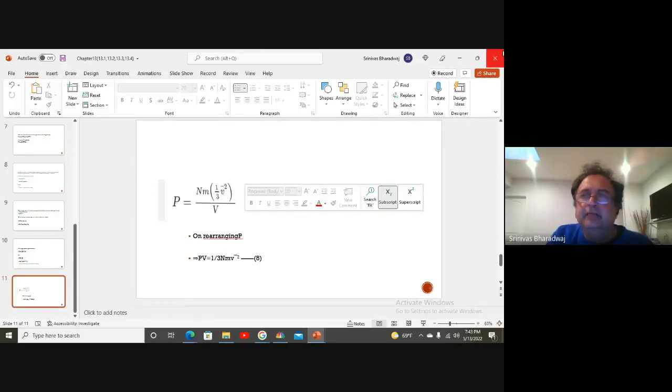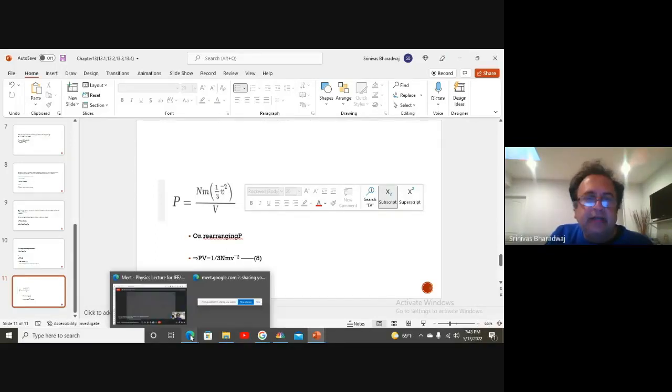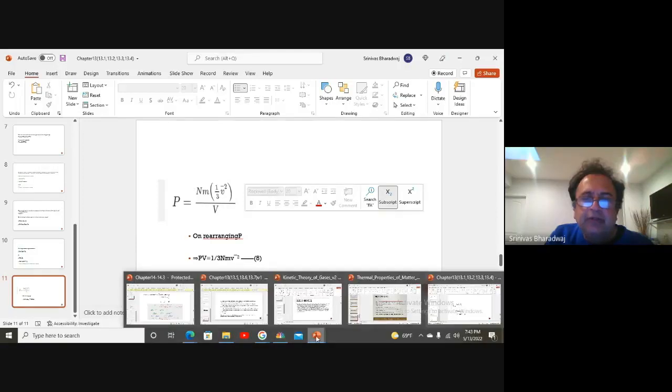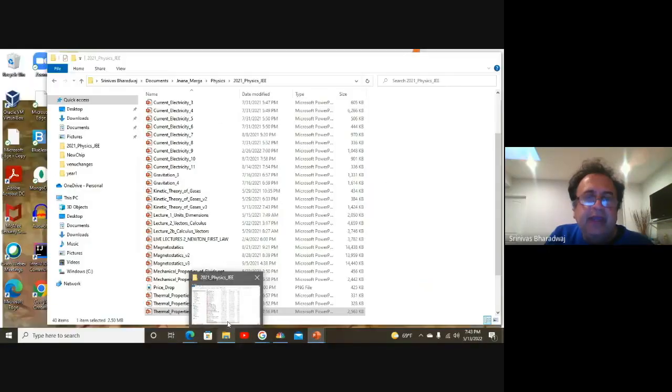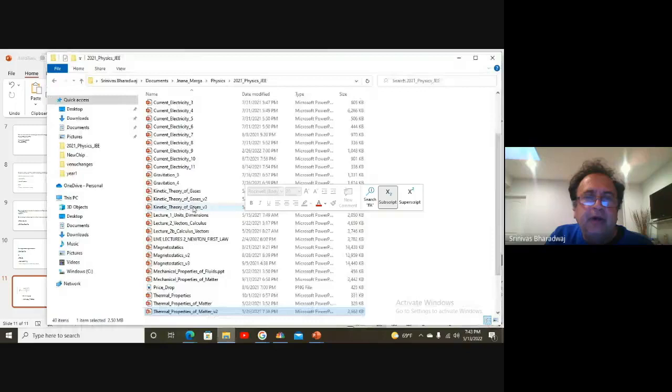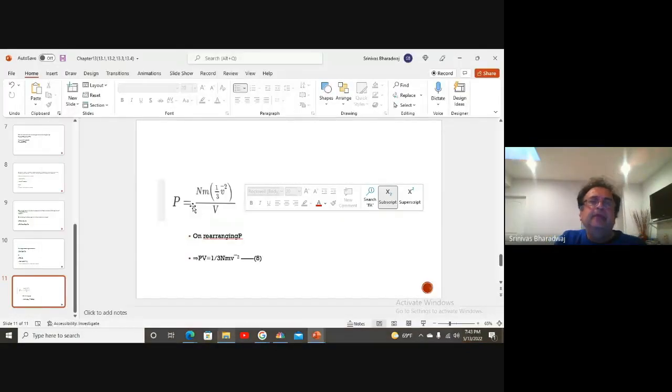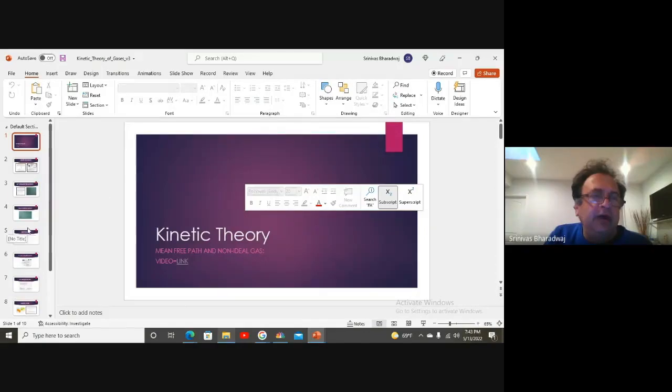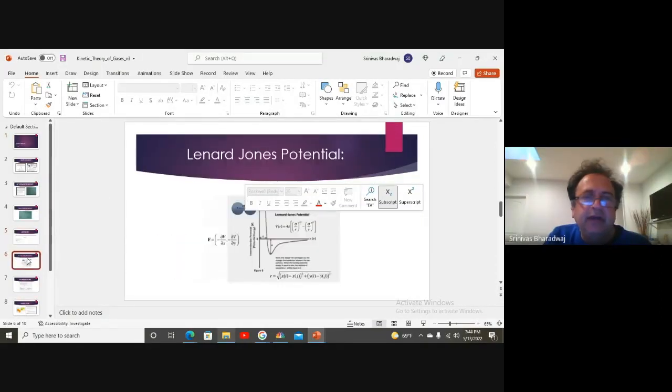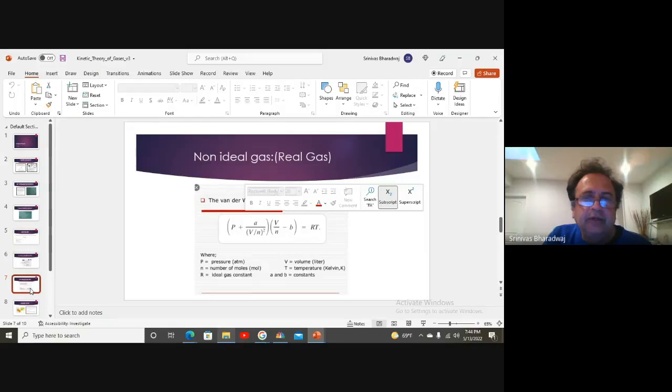Why is the real gas equation useful? Because a lot of gases behave according to this real gas equation, which is called the van der Waals equation.